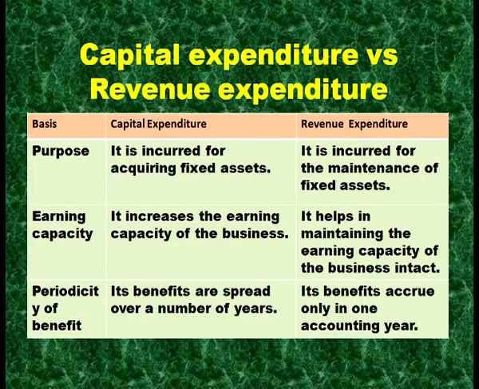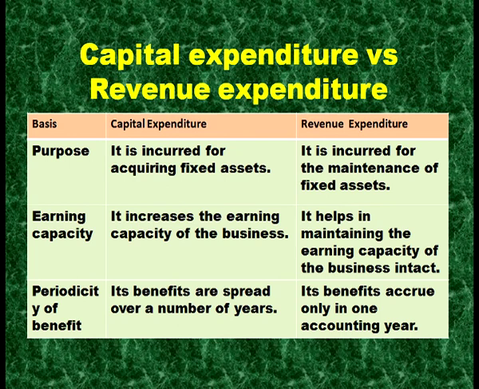Now, we have studied capital expenditure and revenue expenditure. Let us try to differentiate between the same. If you see the purpose, in case of capital expenditure, it is incurred for acquiring fixed assets, but revenue expenditure is incurred for the maintenance of the fixed assets. For example, if you increase the seating capacity of a cinema hall, that is a capital expenditure.